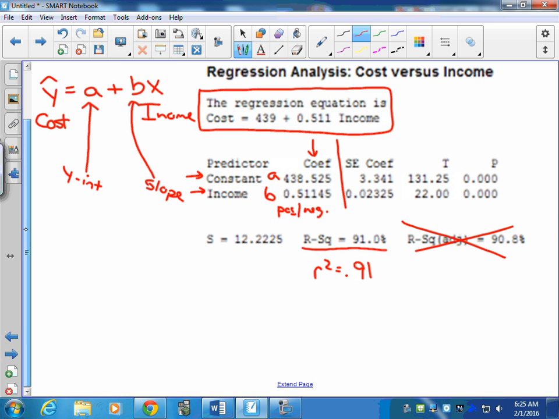Now if you notice, in this printout, we're given r squared, but we're not given correlation. This is a pretty easy fix to find our correlation, or our r value. What we have to do is square root our r squared, or the coefficient of determination.